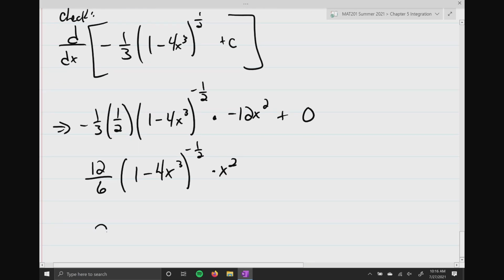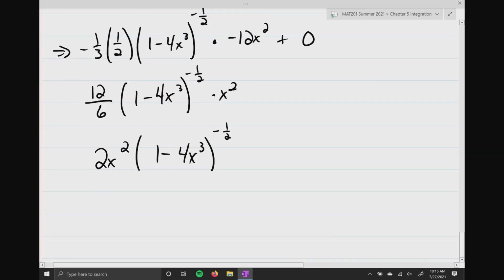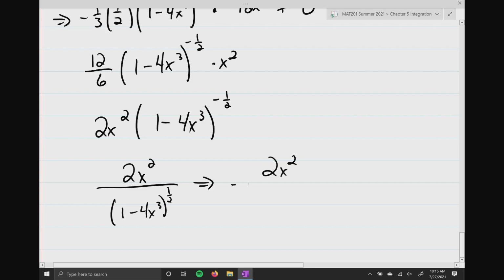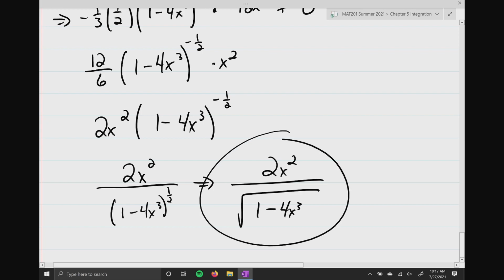So this is going to be 2x squared times 1 minus 4x cubed to the negative 1/2. And just to clean this up, we don't like negative exponents. I get 2x squared over 1 minus 4x cubed to the 1/2, which is 2x squared all over the square root of 1 minus 4x cubed, which is exactly what the original problem was.